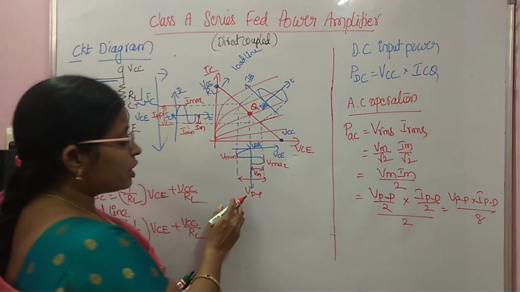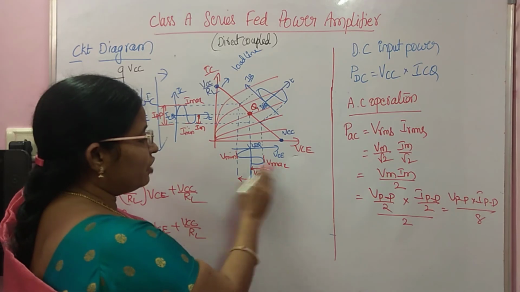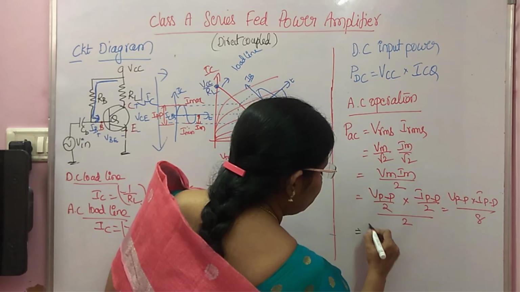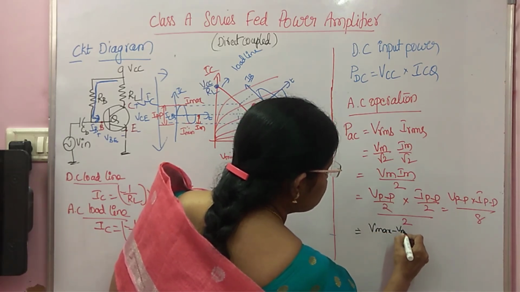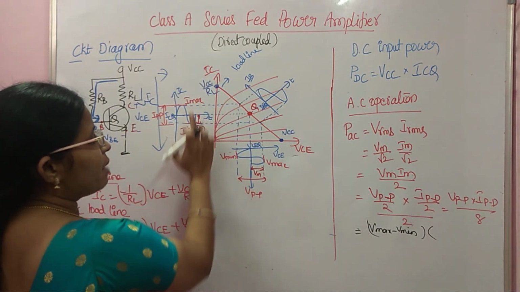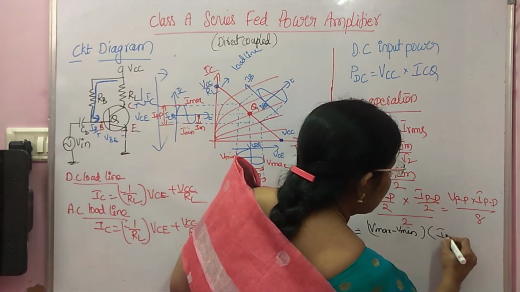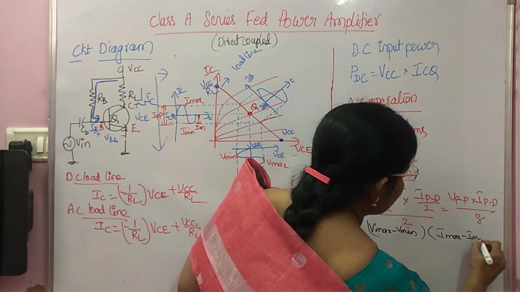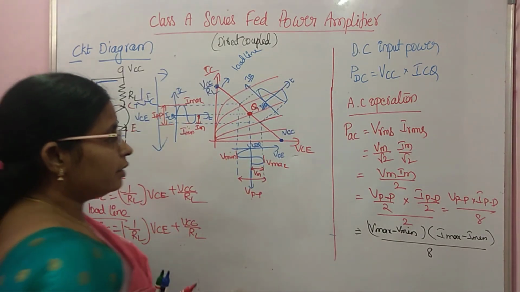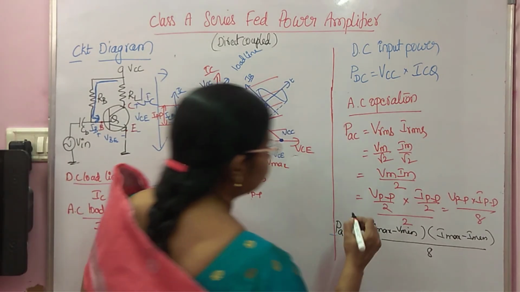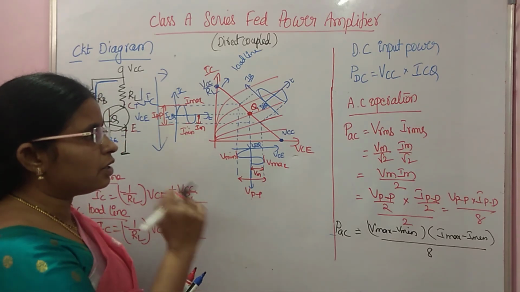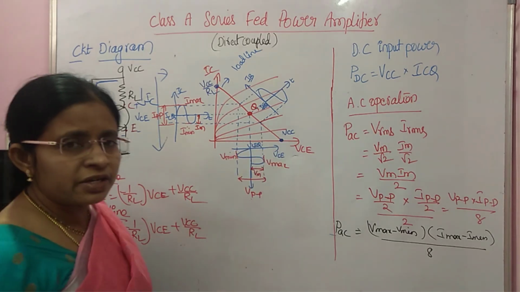Now you can write V peak to peak as Vmax minus Vmin and I peak to peak as Imax minus Imin, so PAC is Vmax minus Vmin into Imax minus Imin divided by 8. That is your PAC. You can use some other formulas also, but for the calculation of efficiency, this derivation is enough.